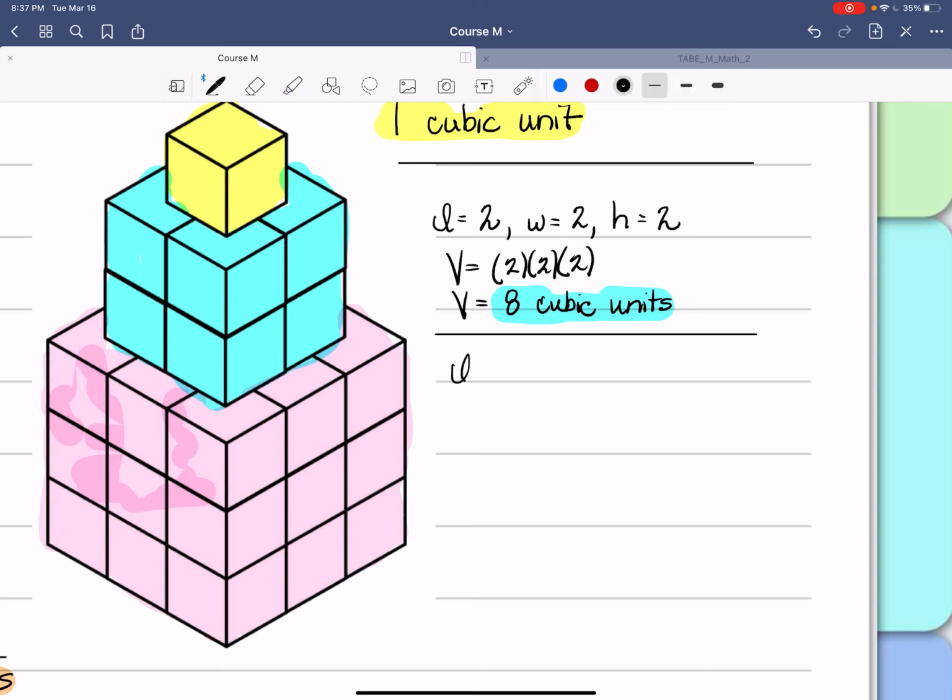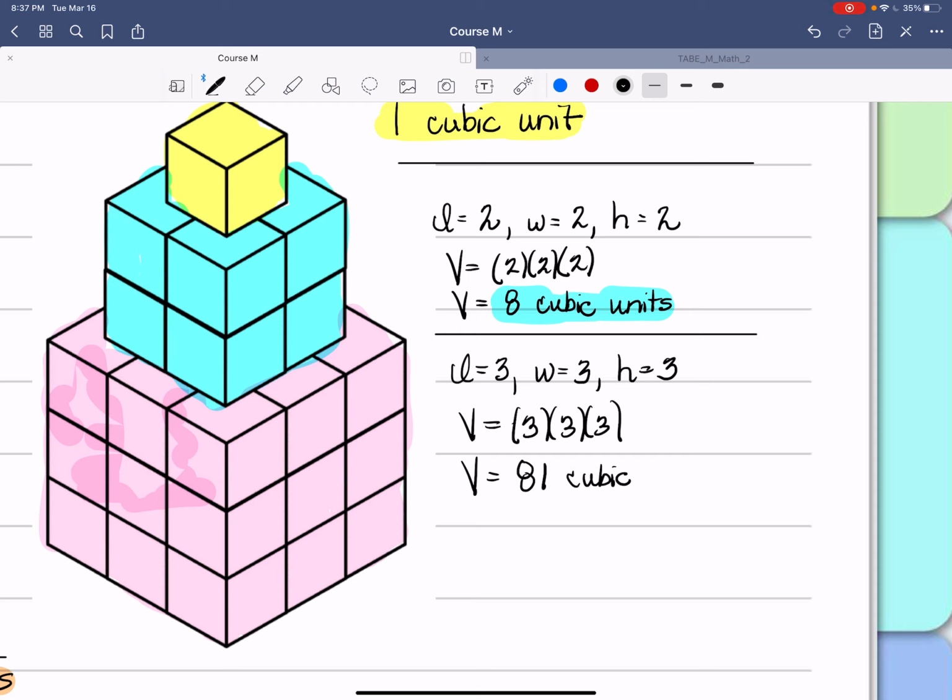So I'm going to do the length, which is 3, the width, which is 3, and the height, which is 3, and use my formula. And then I don't have to worry about what I can't see. That's going to be 81, I believe. I will check that. That seems like an awful lot. That's not right.